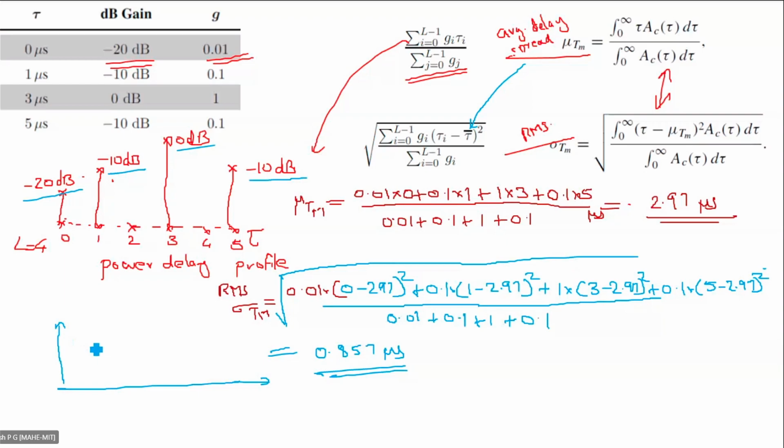Some components which are very minute will not be considered when you calculate the power delay profile. Some minute components can be neglected when you calculate the delay spread values.